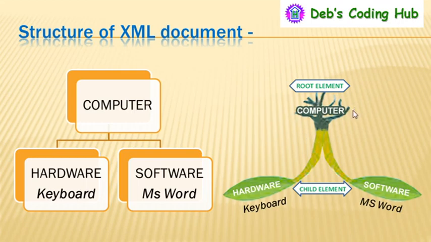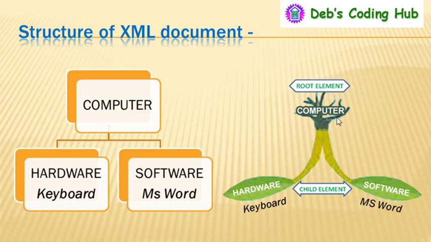For an inverted tree, the root is always on top. So this computer is the root element for this XML tree. Remember, there must be only one root element for an XML document. We cannot have more than one root element in an XML document.